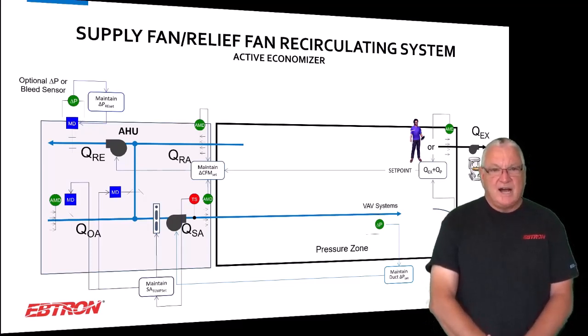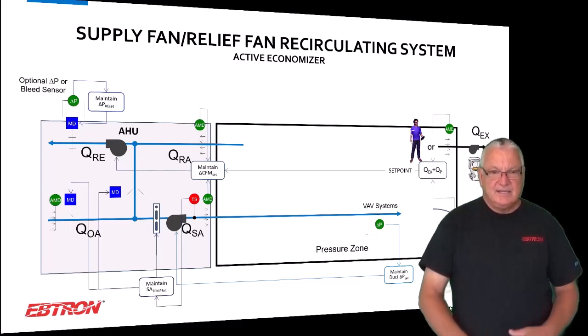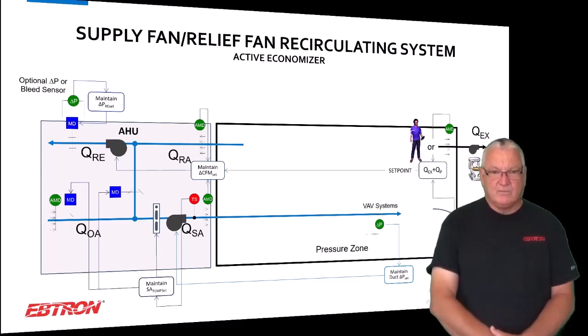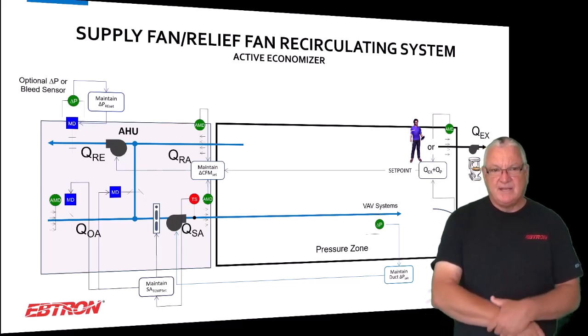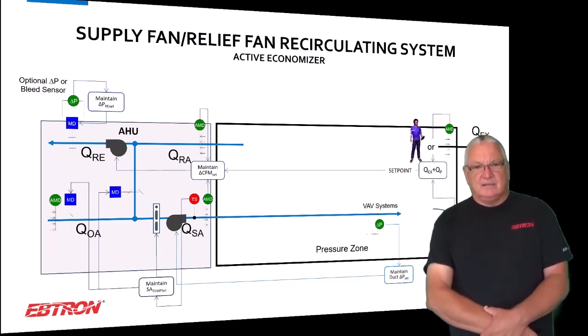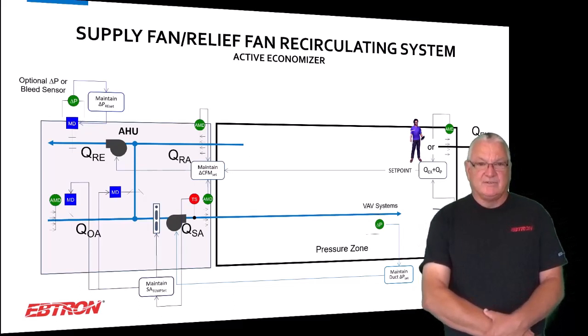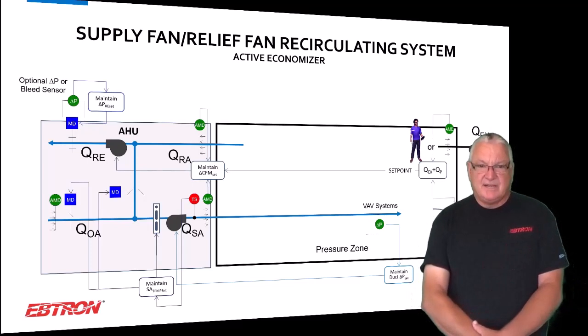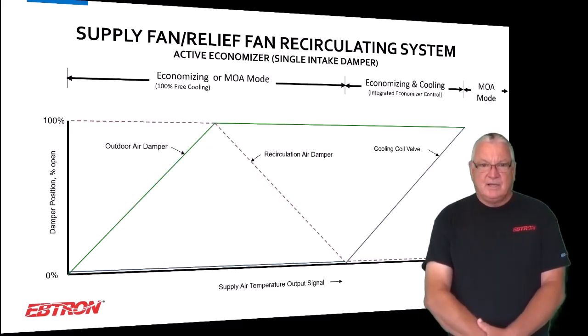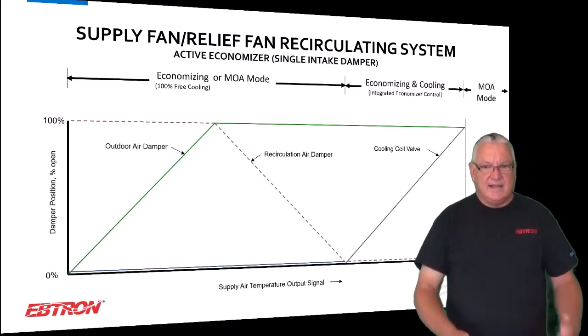When you look at the economizer, nothing again is any different. Instead of controlling the return fan to maintain the differential, we're controlling the relief fan to maintain the differential, and we're modulating the intake and recirc dampers to maintain our supply air temperature set point. So nothing again any different.